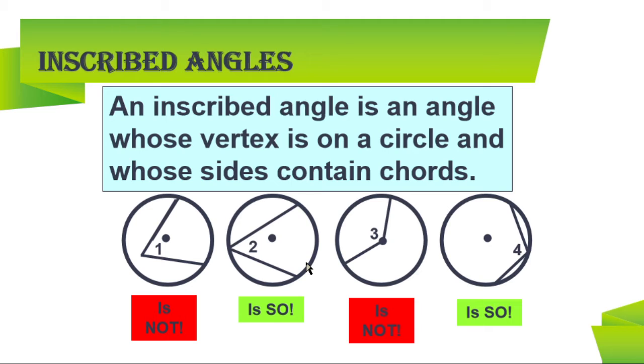And third, this is not an inscribed angle because its vertex is at the center of the circle, and this is a central angle. Next, for the fourth figure, this is an inscribed angle because it lies on the circle. Okay, so those are some examples to consider for inscribed angles.